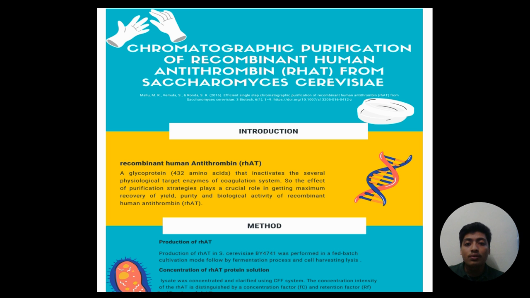In the first approach, the protein was concentrated and partially purified through CFF to achieve maximum recovery yield and purity of 87% and 19.4% respectively. In the second approach, purification involved single-step chromatography with various types of ion exchange and size exclusion resins to analyze the maximum rhAT recovery yield and purity.